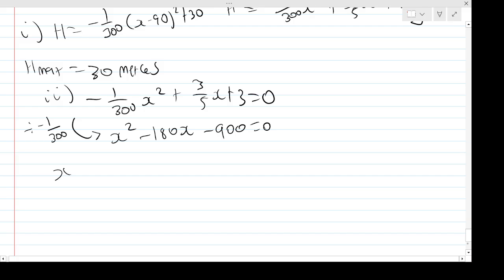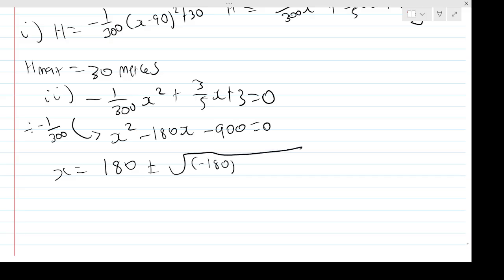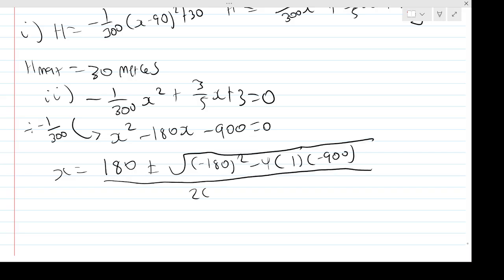Well, then I'm going to use quadratic formula. So x is going to be plus 180 because minus minus 180 plus or minus the square root of b squared, that'd be minus 180 all squared, minus 4 lots of 1 times minus 900, over 2 lots of 1.